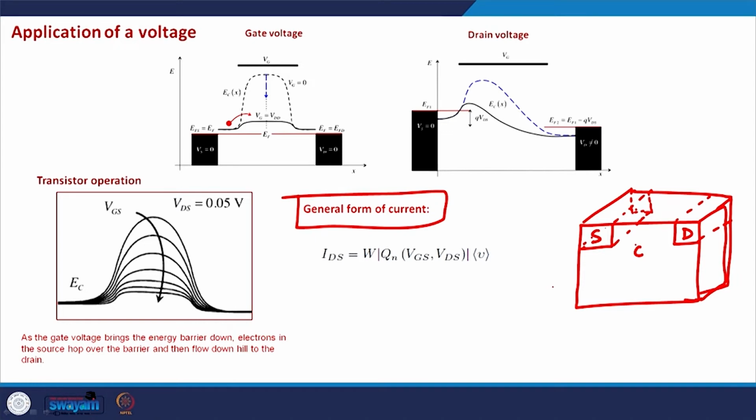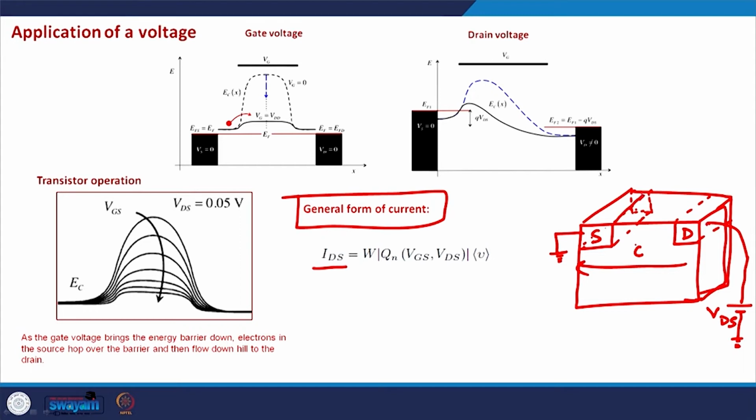This is how it looks. A general expression of the current from the drain terminal to the source terminal, because typically we apply a positive voltage on the drain terminal. Generally the source is grounded, so the voltage applied on the drain side is known as the VDS voltage.